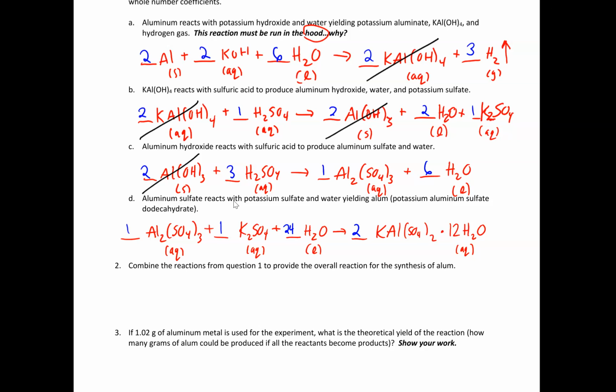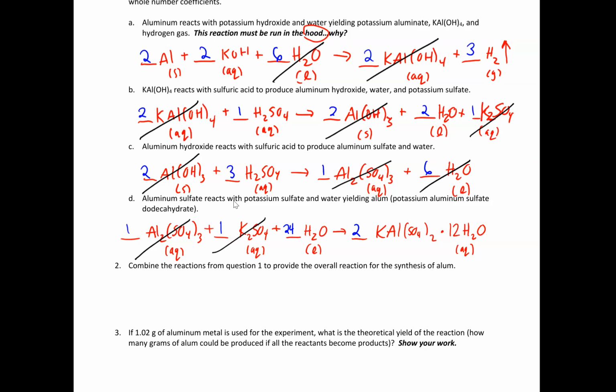Take a second, go through and see if you can cancel or simplify other substances. Hopefully you found aluminum sulfate, potassium sulfate. Now we've got a lot of simplification to do with water. So let's see, I've got 6 waters over here, 6 over there.